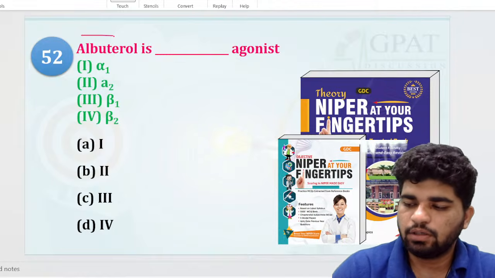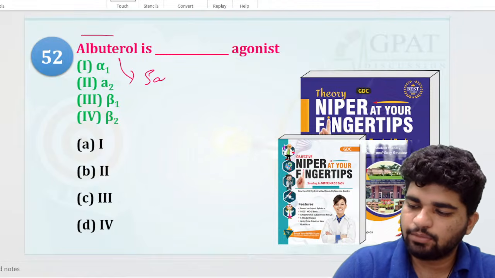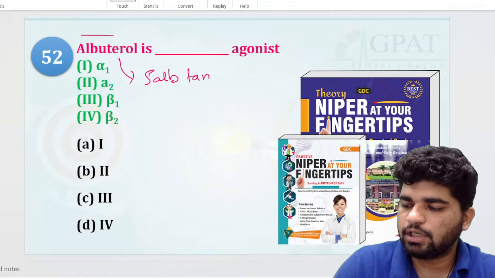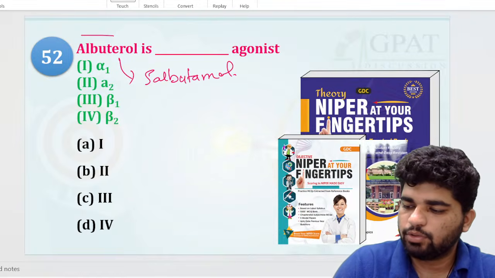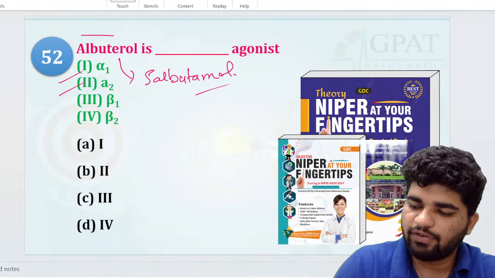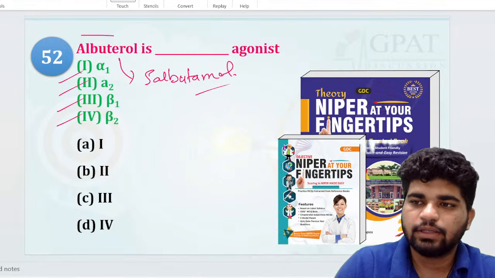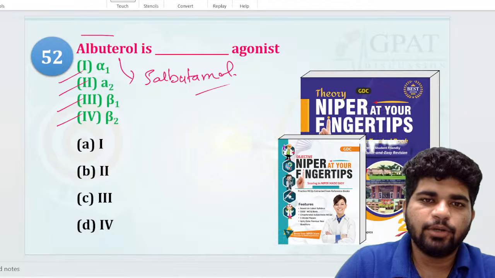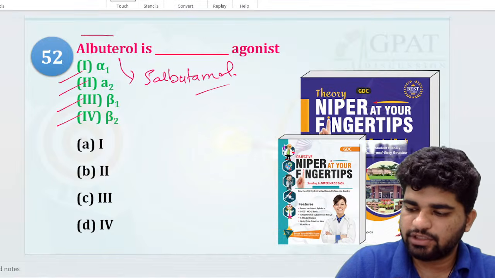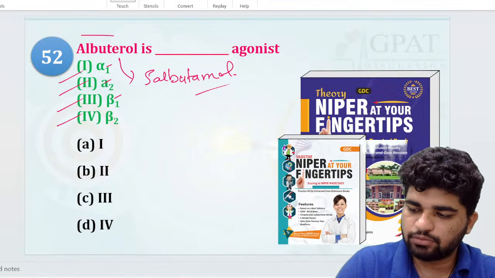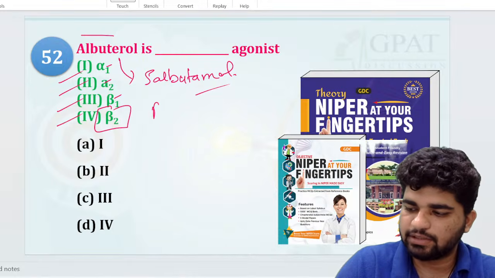Albuterol is an agonist of which one? Albuterol is your salbutamol. Is it alpha 1, alpha 2, beta 1 or beta 2? Simple, it is your beta 2 agonist, right?